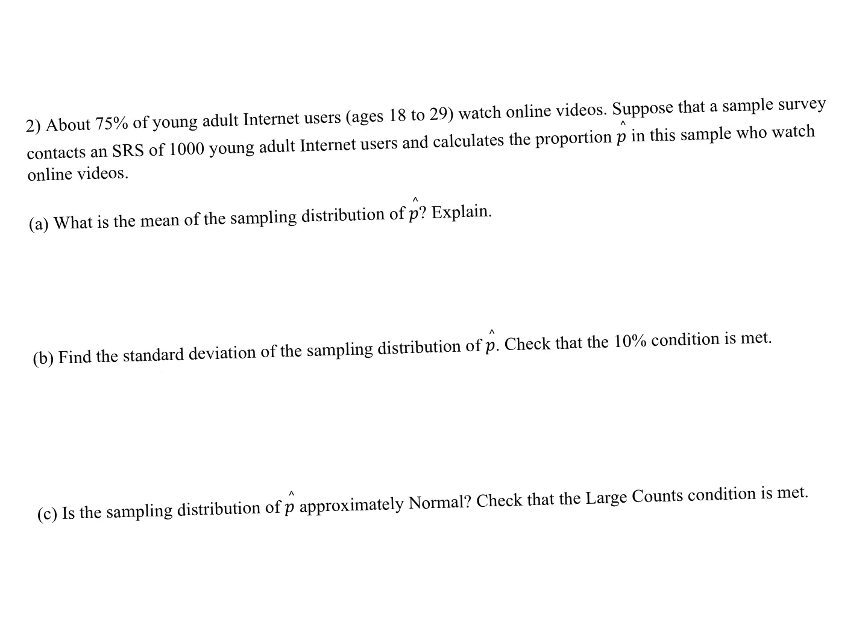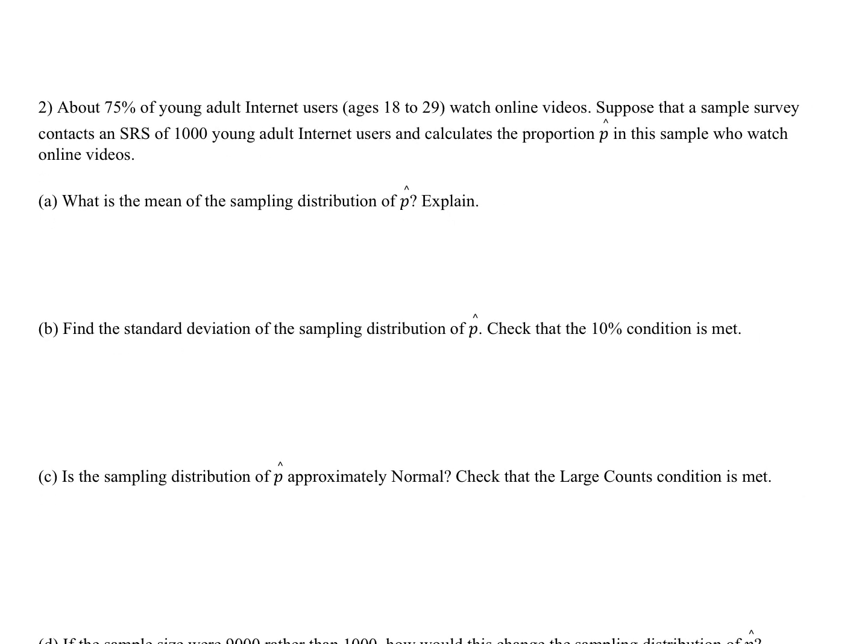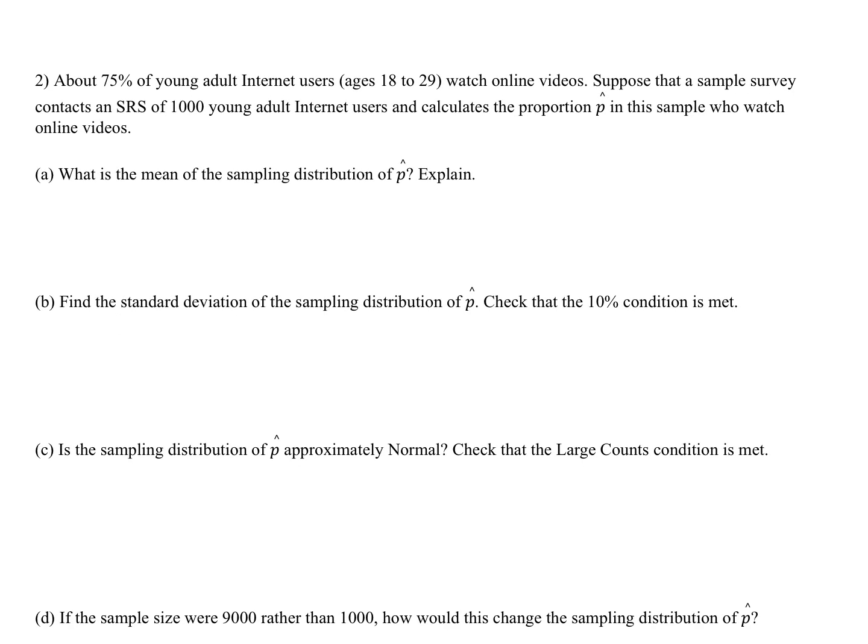In our next example, we have that about 75% of young adult internet users, so that's ages 18 to 29, watch online videos. Suppose that a sample survey contacts an SRS of 1,000 adult internet users and calculates the proportion in the sample who watch online videos. So what is the mean? Exact same as the previous problem.